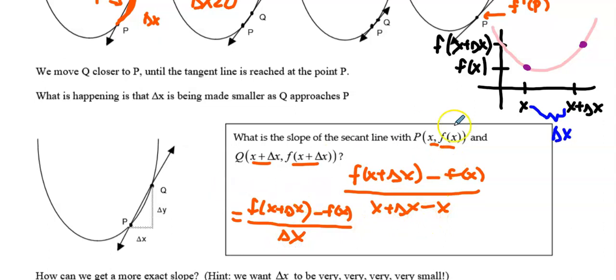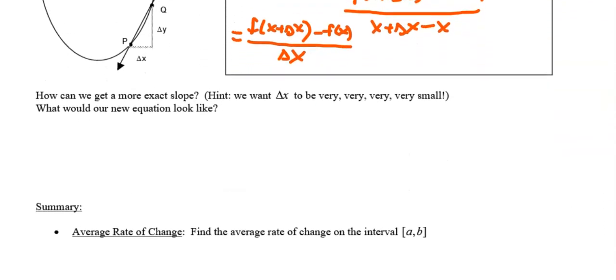But we don't want the equation of the secant line. We want to get where these 2 points get closer and closer together to where they become one single point, so we can create ourselves the tangent line. So again, the distance between these 2 points is delta x. Well, we want delta x to actually get very close to 0.